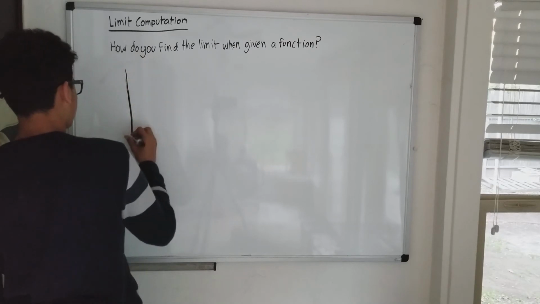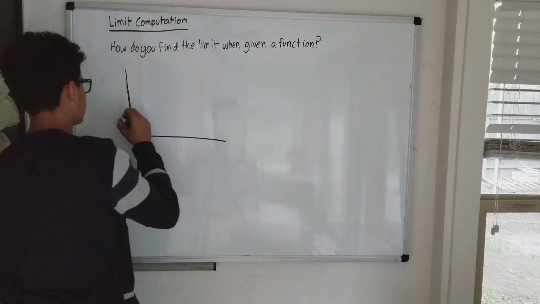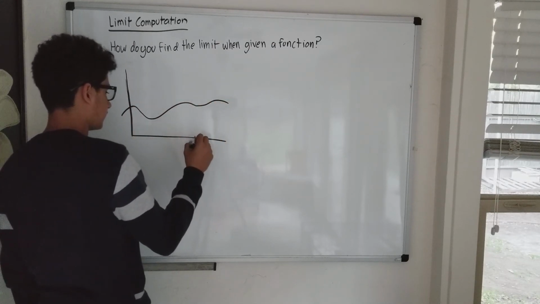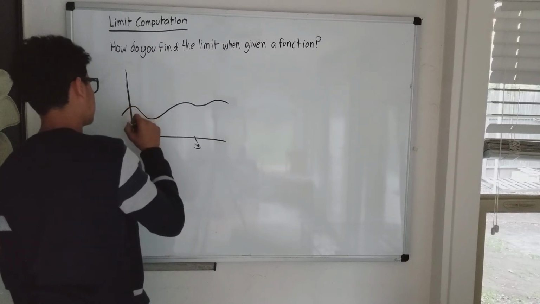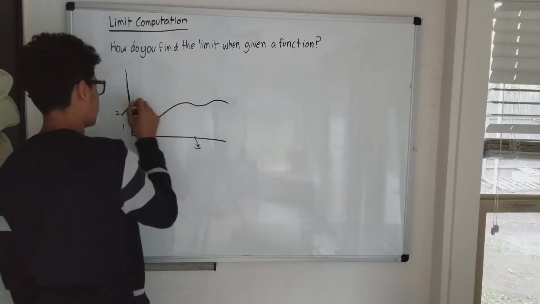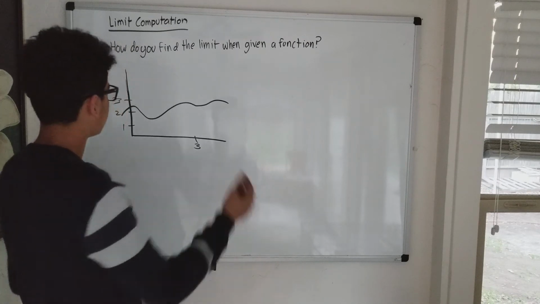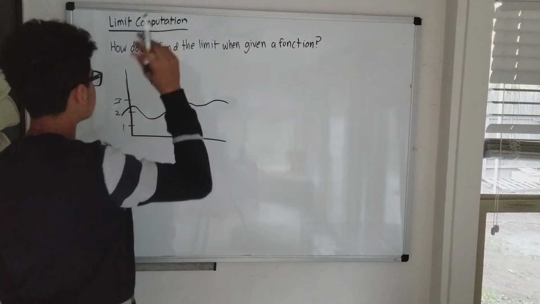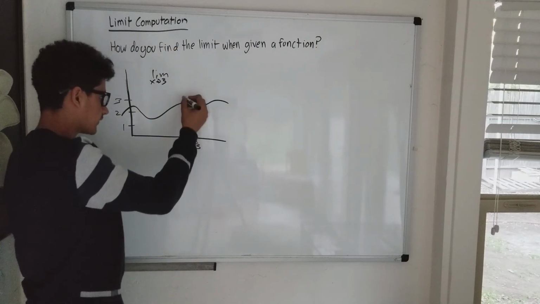If I have a graph, because it's also important to know your graphs, and let's say we have a function something like this, and we have our value of 3. And then this goes up by 1, 2, and 3. Okay? And we're trying to find the limit as x approaches 3 in this case. Very simply said, just look at the x value here.